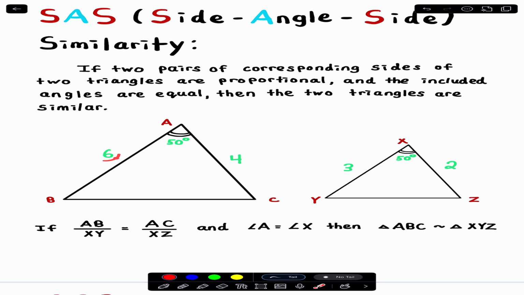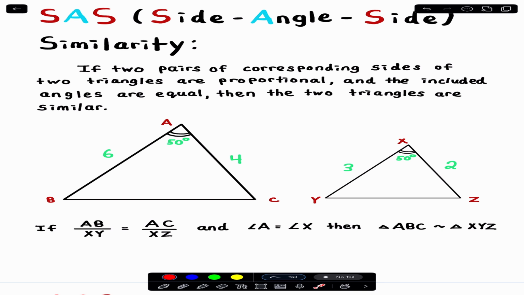And then what else are we given? We're given an angle of 50 degrees for both of them, and this 50 degrees is in between these two sides. So side, angle, side. The angle's not here, the angle is not here, the angle's in the middle. So side, angle, side.